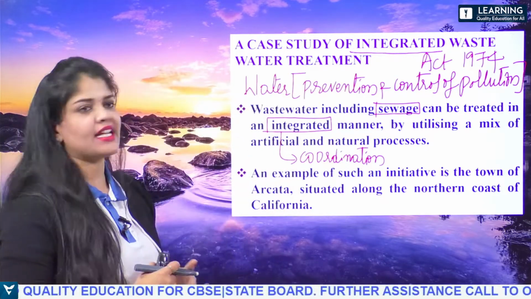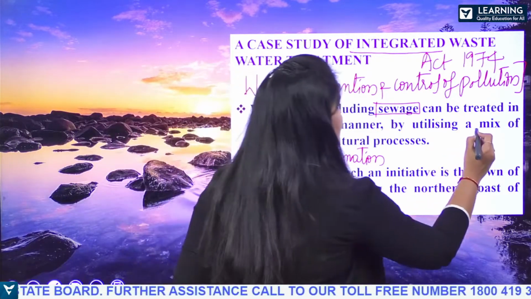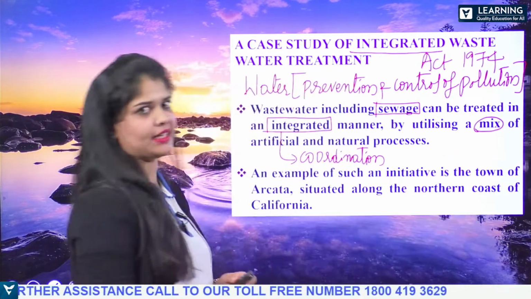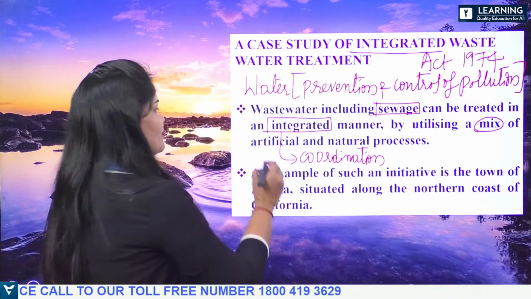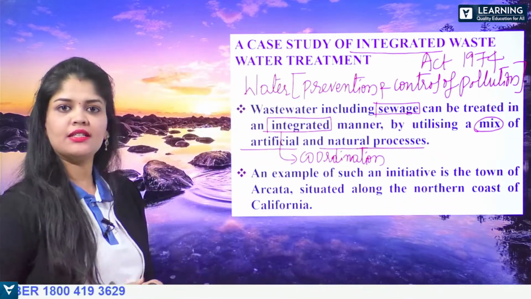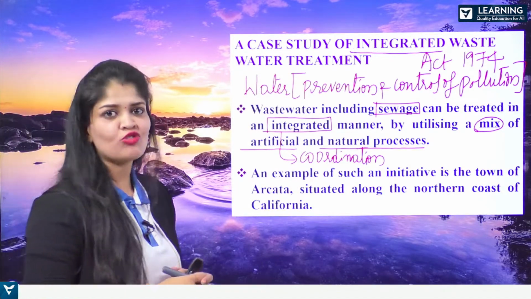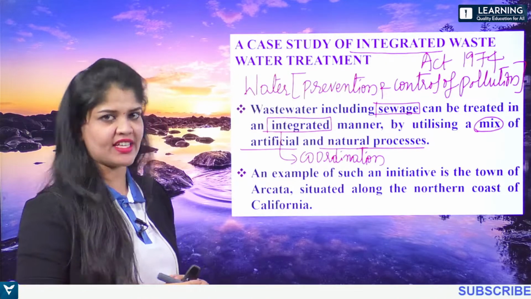By utilizing a mixture, we consider this an integrated method, a mix of artificial and natural processes. Here we are using both artificial as well as natural processes to treat this wastewater.